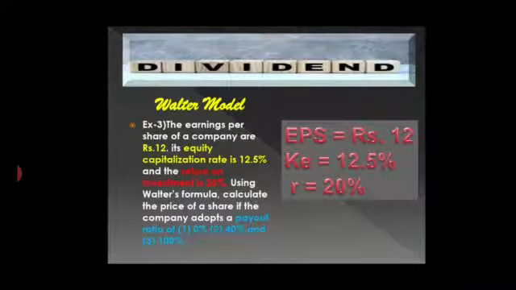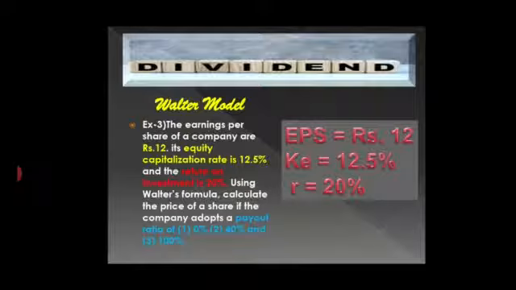Okay, now going to the Walter model. What is the example? The earning per share of the company is 12, that is EPS 12. Capitalization rate is 12.5%, that is KE, and return on investment is 20%. Using the Walter model, calculate price of share, that is the P value.